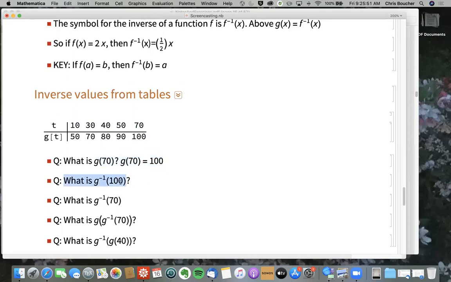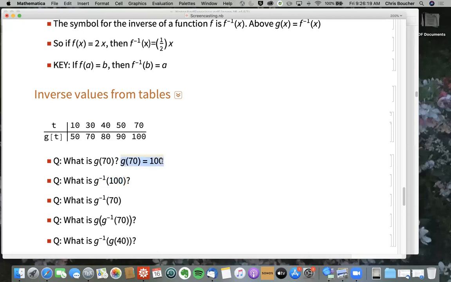Okay, the second one is asking what is G inverse of 100? So what does the inverse function map 100 to? Well, it will map 100 to whatever gets mapped to 100 by G. That is to say, G inverse works in the opposite direction of G. If G maps an input to an output, G inverse maps that output right back to the corresponding input.